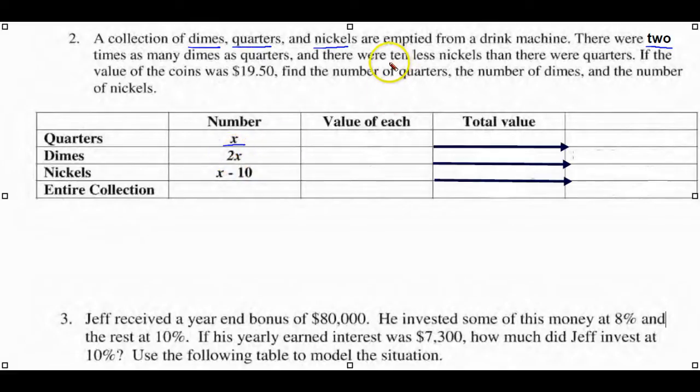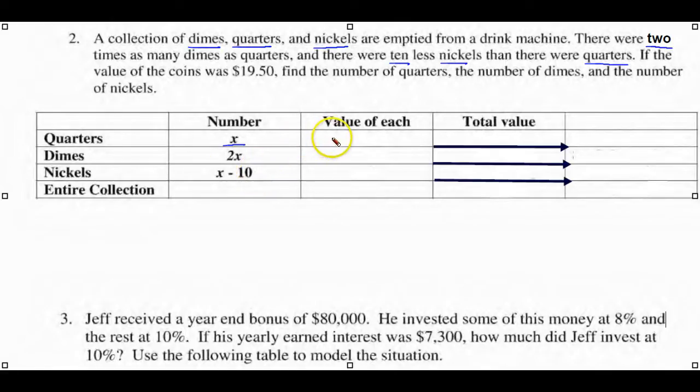And there were 10 less nickels than there were quarters. So the number of quarters minus 10. Now this is the number of coins here. Number of quarters, number of dimes, number of nickels.